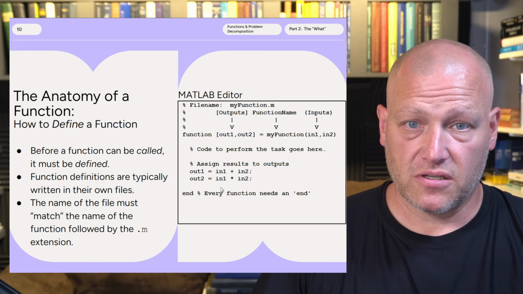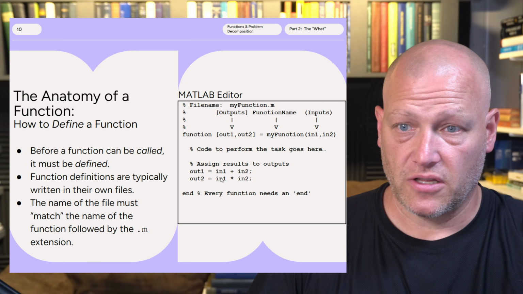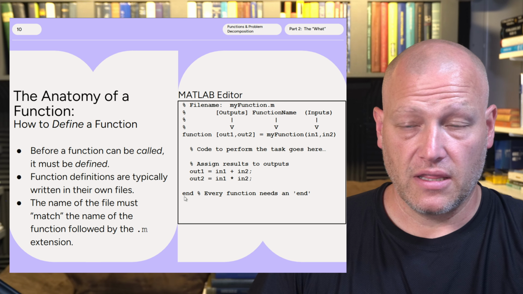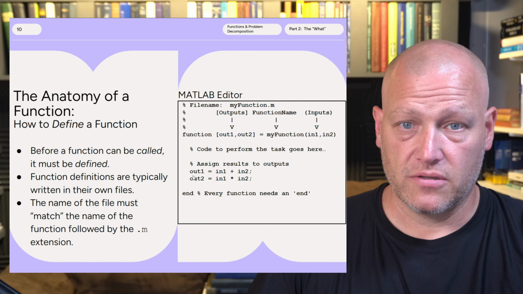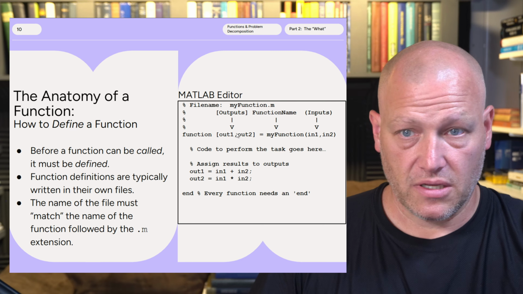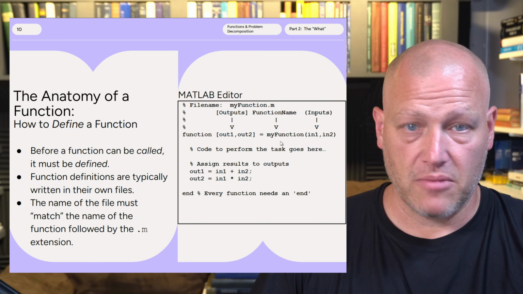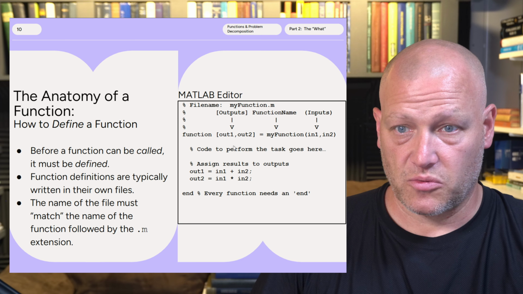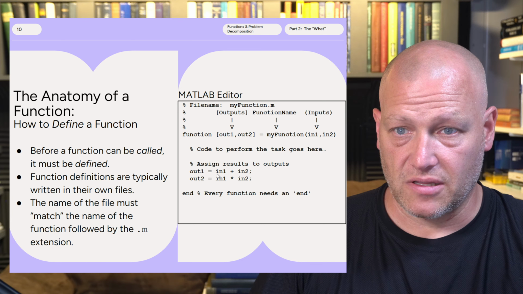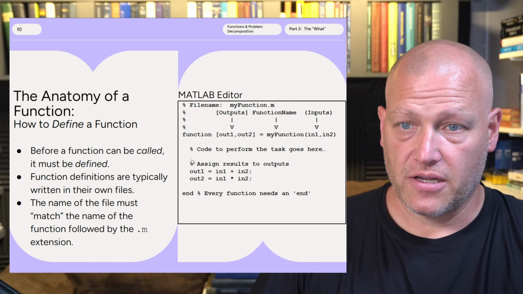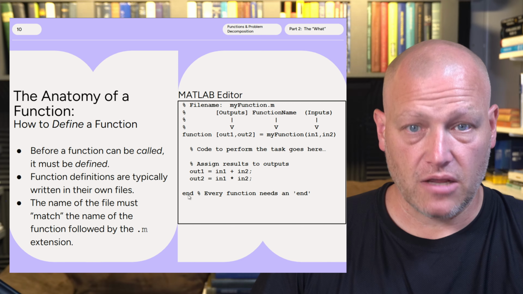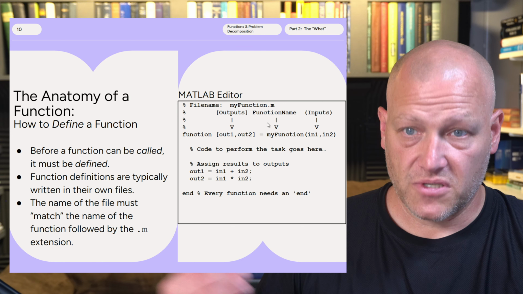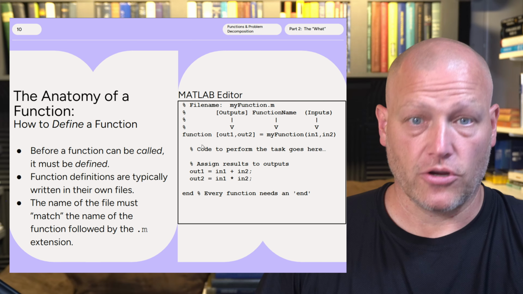As far as a function is concerned, the left bookend is the word function and the right bookend is the word end. Everything in between those two keywords is the function: its list of outputs, its name, its list of inputs, and what's called the function body, the stuff in the middle here. So you have to start it with the word function and end it with the word end, and then save it in the right file name, and then you're good to go.